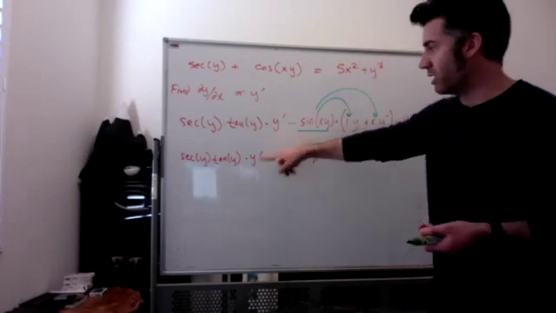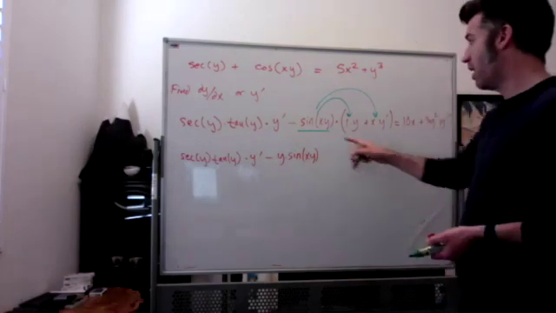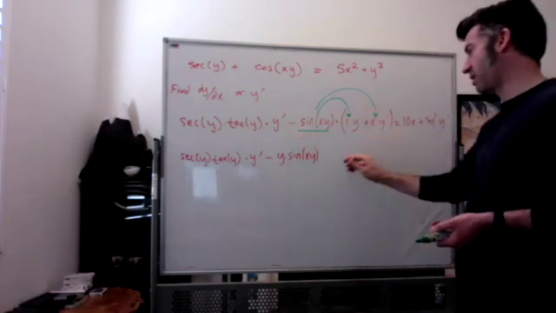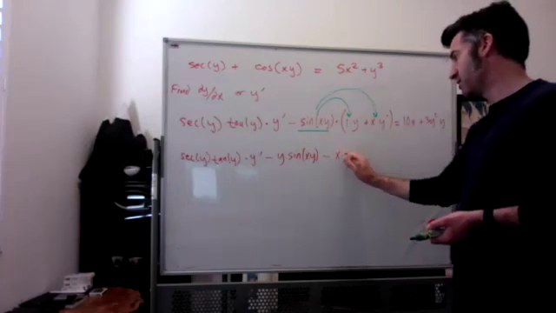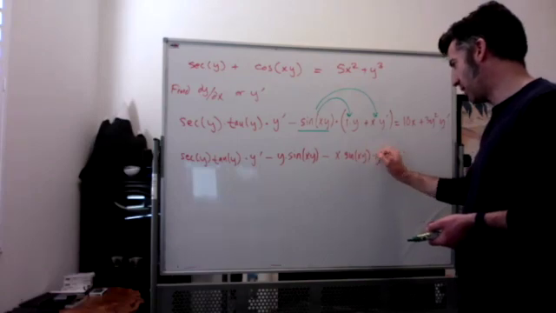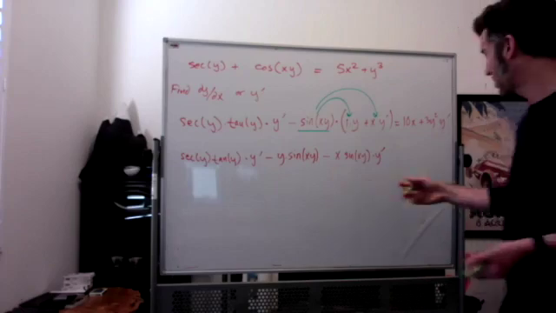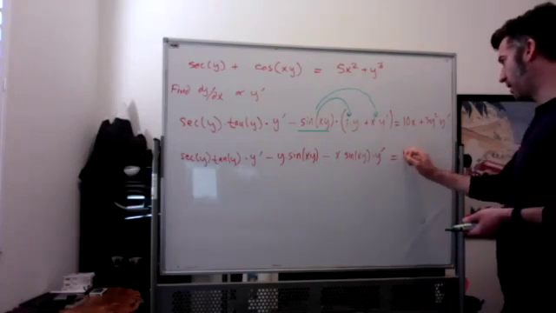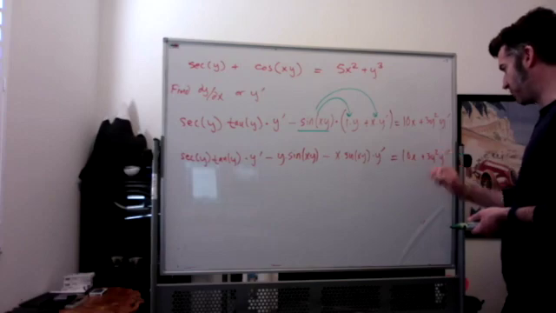I know I didn't do it here. Usually we put y prime at the end. I don't know why, we just do. And then minus sine times xy prime is going to be minus x times sine of xy times y prime. For some reason, we usually write the y primes at the end. Equal to 10x plus 3y squared y prime.